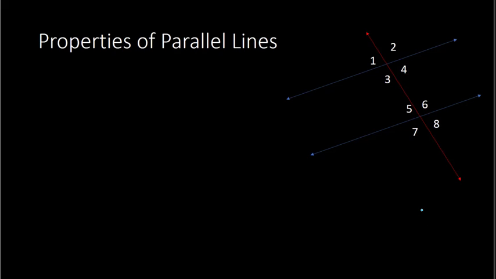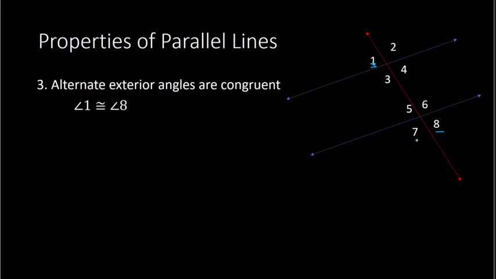Another property is that the alternate exterior angles will also be congruent. So for example, angle 1 and angle 8. Those are alternate exterior angles. So those would be congruent, and angle 2 and angle 7, which are also alternate exterior angles, will also be congruent.